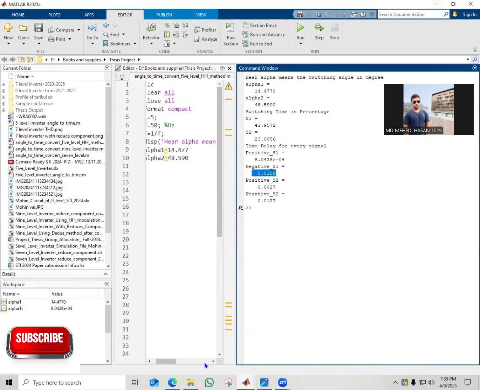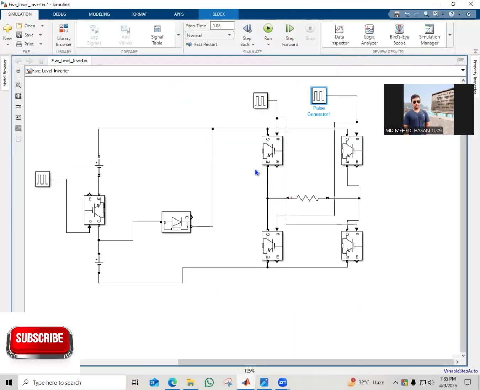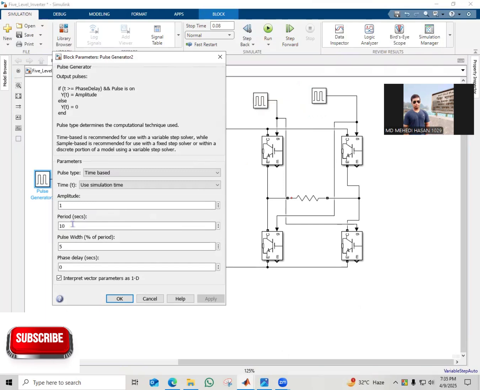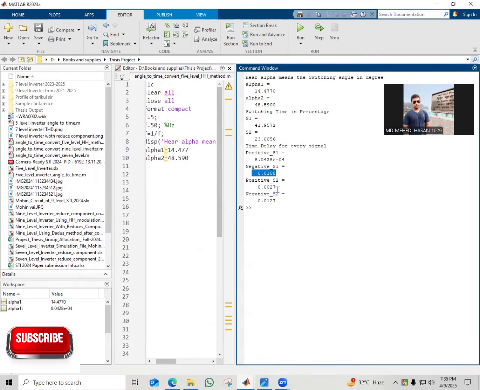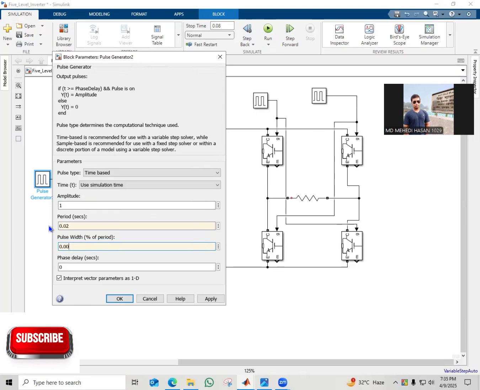Okay, the termination of the first switch has been completed, and now we need to activate the pulse here. So we also put this value here, 0.02. Pulse width percentage, the value will be taken from here, 0.0027.